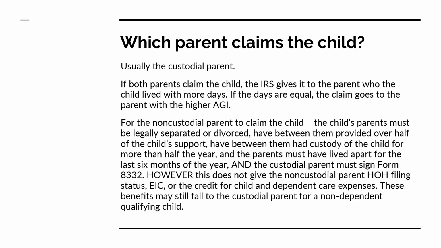If both parents were to claim the child, the IRS will give the claim to the parent who lived with the child for more days, and if the days lived with each parent are even, then they'll give the claim to the parent with the higher AGI. Meanwhile, usually what's really going on is that there's an agreement about who can claim the child and for what benefits.